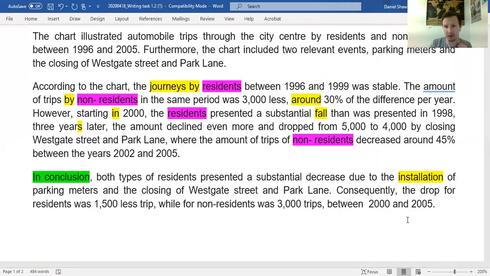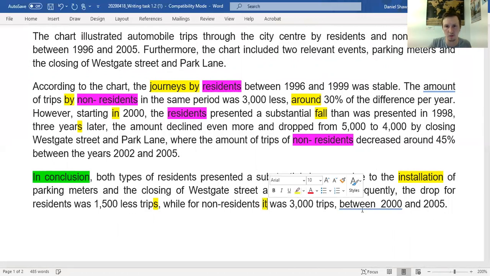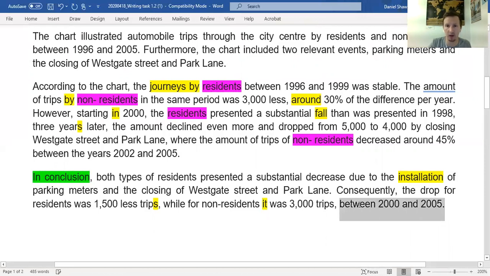Consequently, so let's separate these up. Consequently, the drop for residents was 1,500 less trips, while for non-residents, it was 3,000 trips between 2000 and 2005. Okay. We might want to look at it overall, but that's fine.